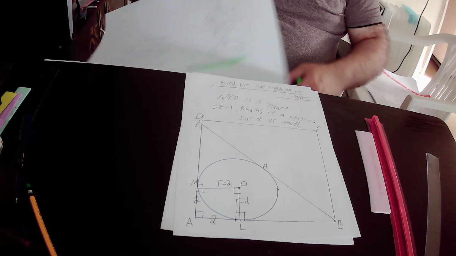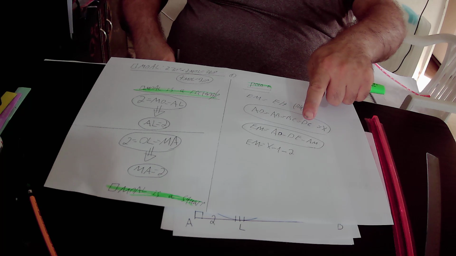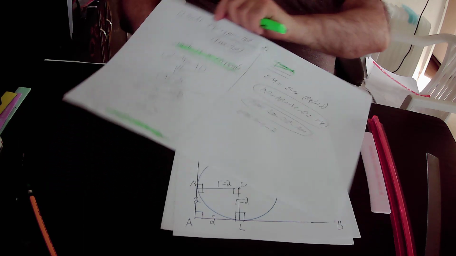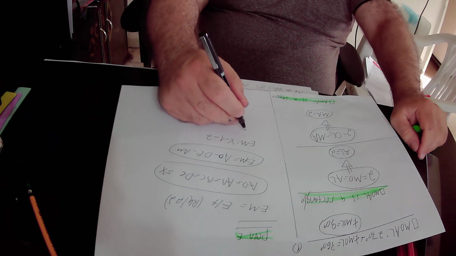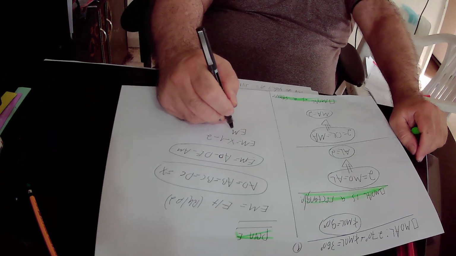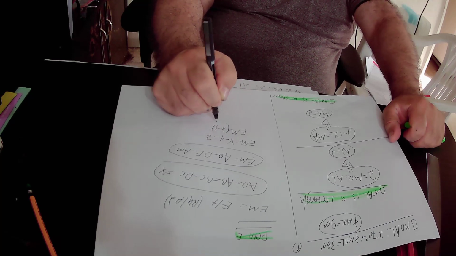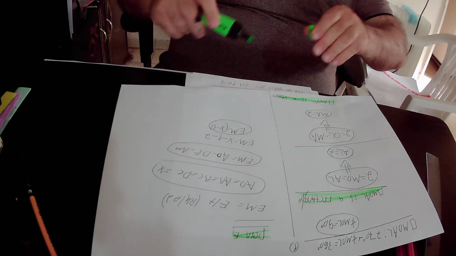So in conclusion, we found out that EM equals x minus 1 minus 2, and x minus 1 minus 2 equals x minus 3. So EM equals x minus 3.